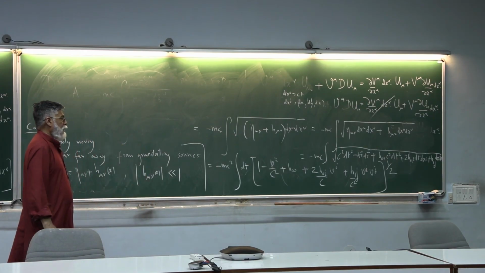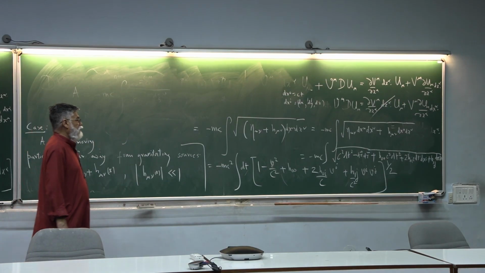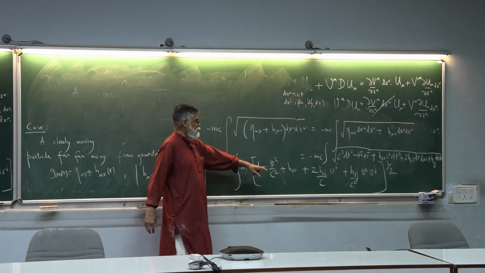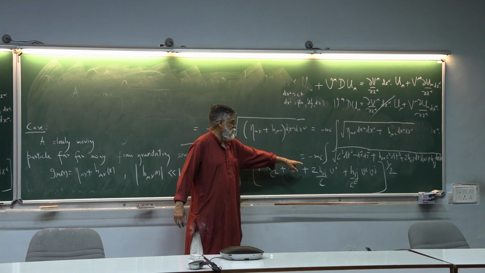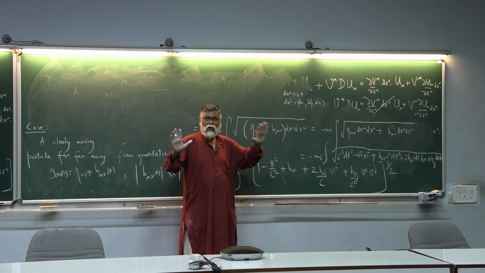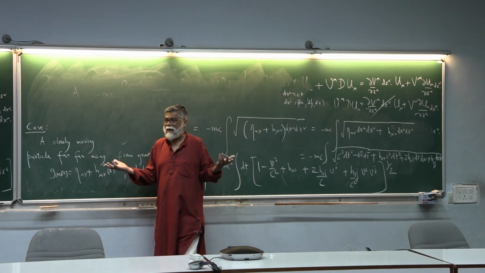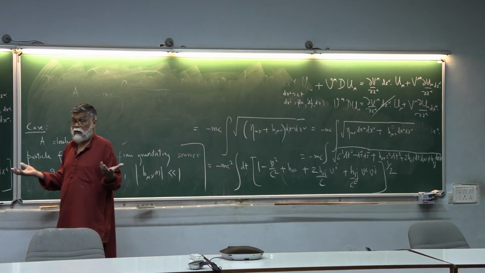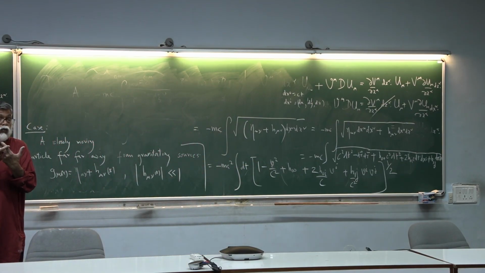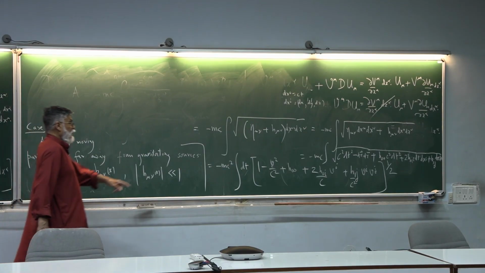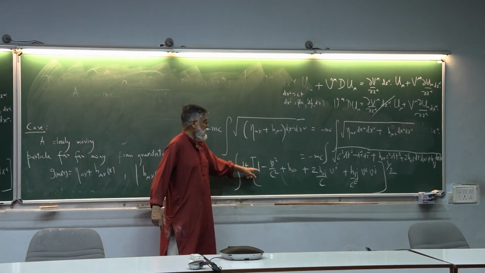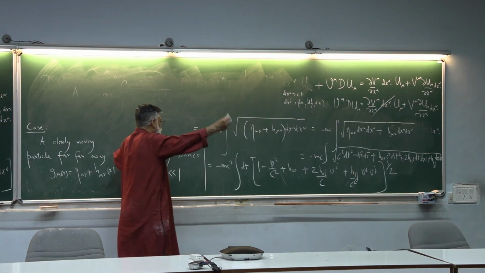Okay. Now, as I am a slowly moving particle far away, far away means the gravitational effects h00, h0i are too tiny. Slowly moving means vi by c is extremely tiny. So compared to 1, these are very tiny, and therefore I can expand it.